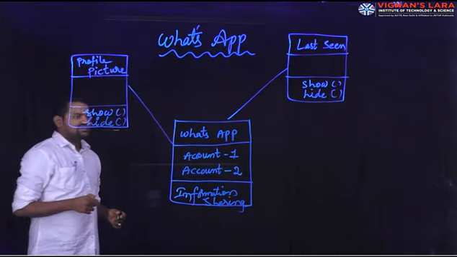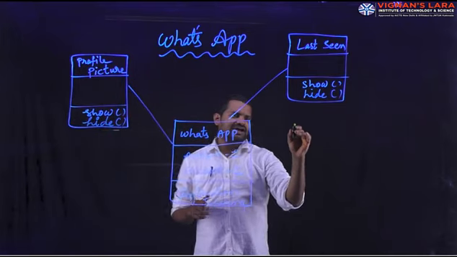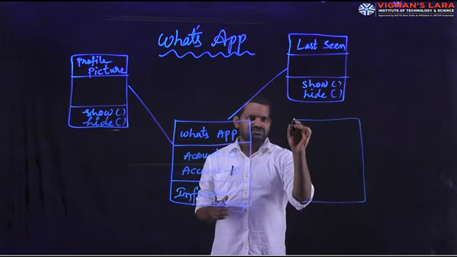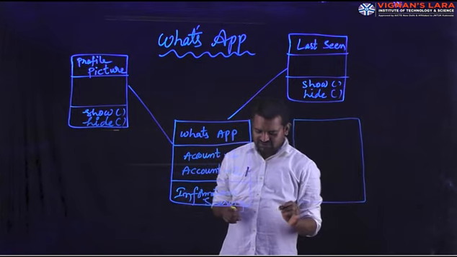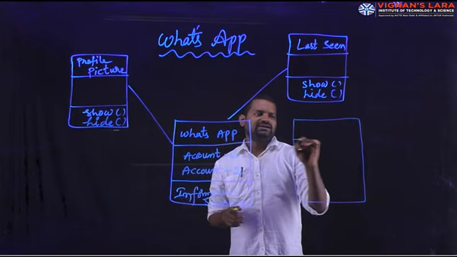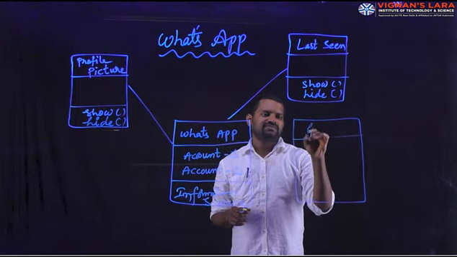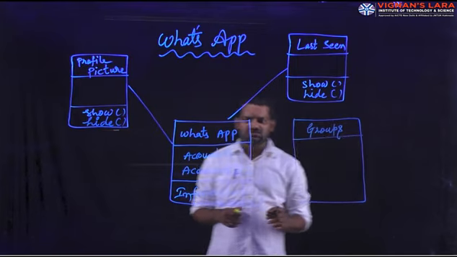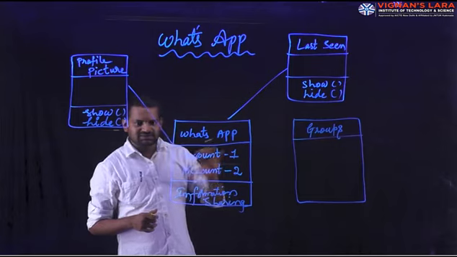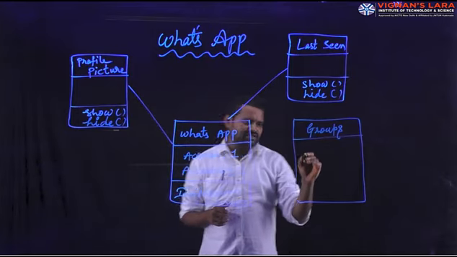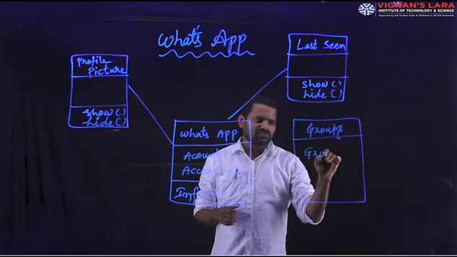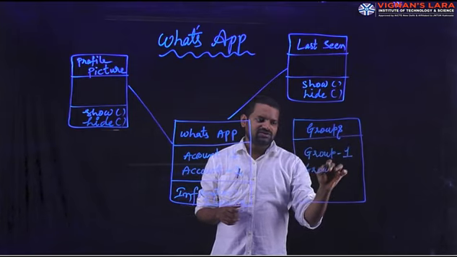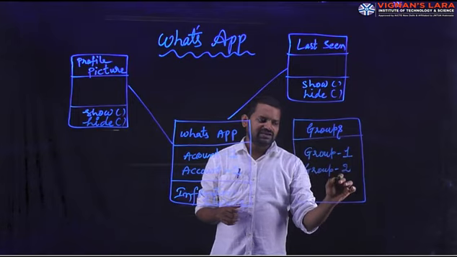Next, in this WhatsApp, we have different kinds of groups also. To transfer messages between the groups, we have to write this class as the groups class. In this groups class, we write the attributes group 1, another attribute group 2, likewise many groups.